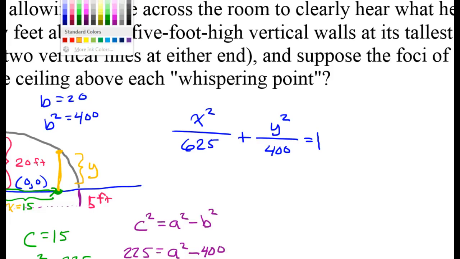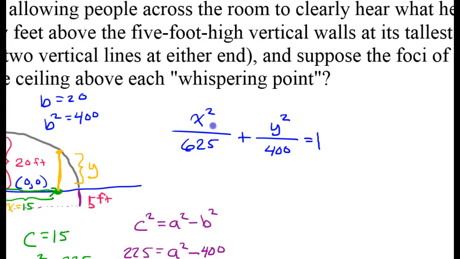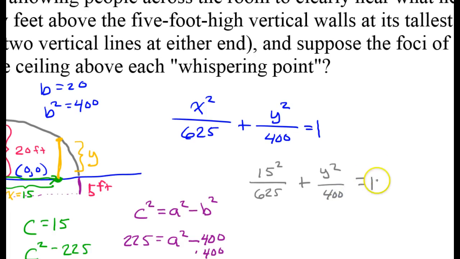Let's see. What color should I use? I think I'll just use gray. So if I substitute 15 for x, I will have 15 squared over 625, okay, plus y squared over 400 is equal to 1.